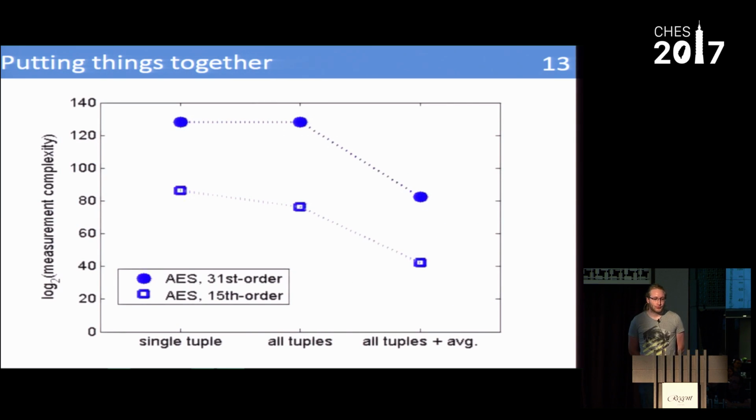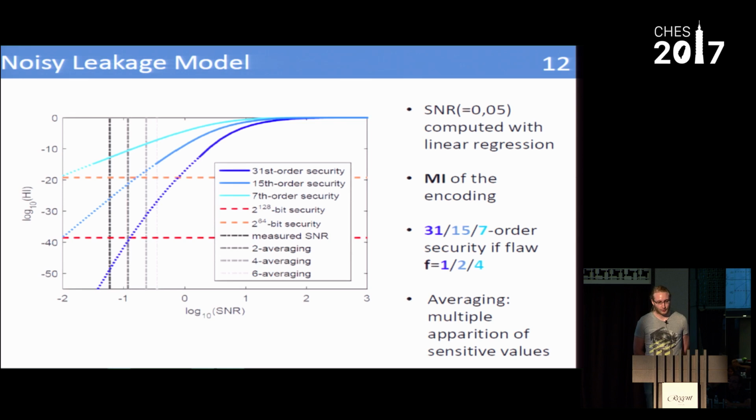Now if we want to put things together, here we have the measurement complexity of GIS at order 31 and GIS at order 15 in different adversary scenarios. The first one is the single-tuple adversary, just the one we saw on the previous slide.